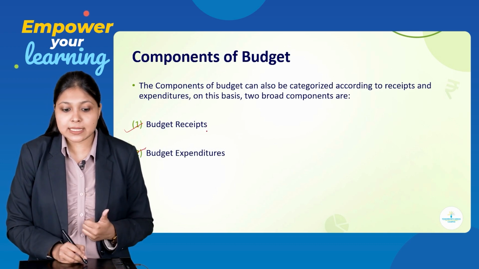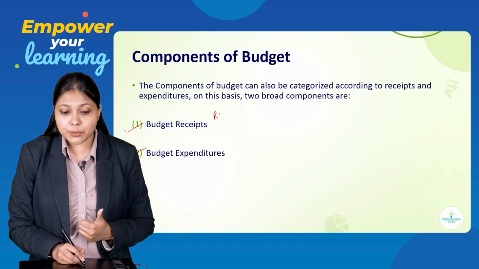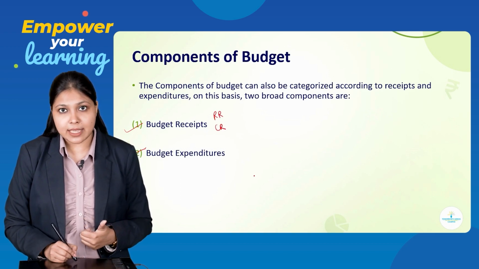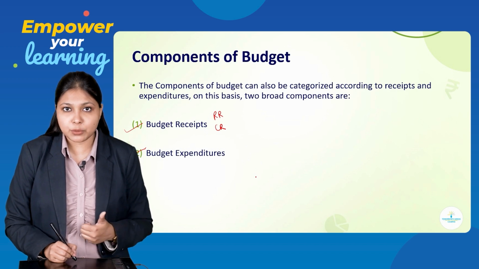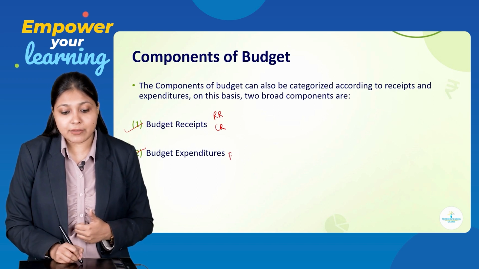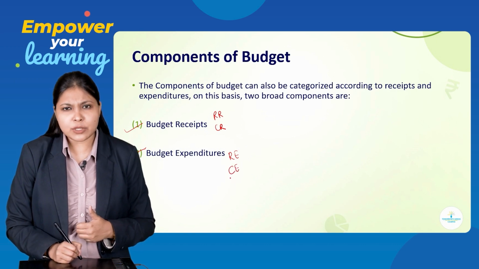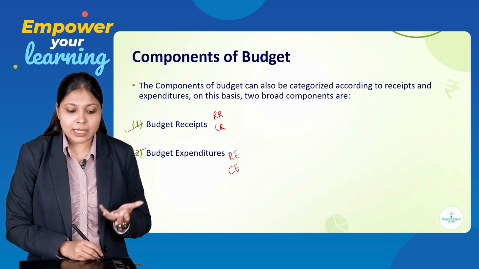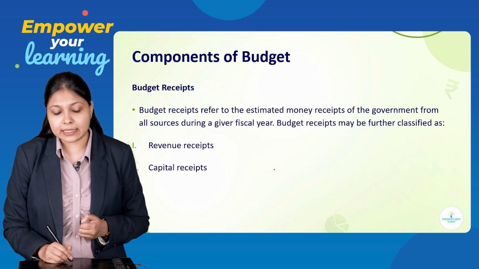Under budget receipts, we will have revenue receipt and capital receipt. Under budget expenditure, we have two types, that is revenue expenditure and capital expenditure. So you can divide the components of budget in this way as well. In both ways, it is going to be correct.